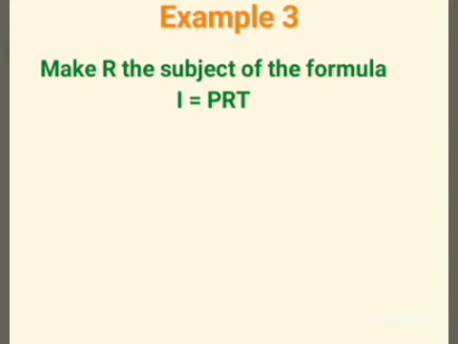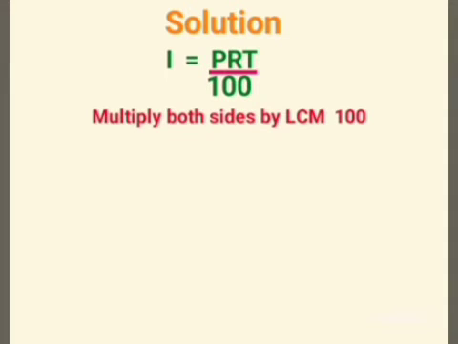Welcome back. Make R the subject of the formula I equals PRT all over 100. Solution. Step 1. Divide both sides of the formula by the LCM of the denominator.